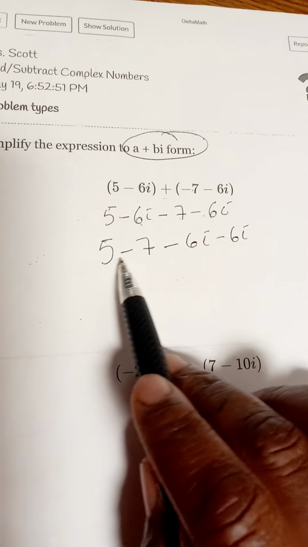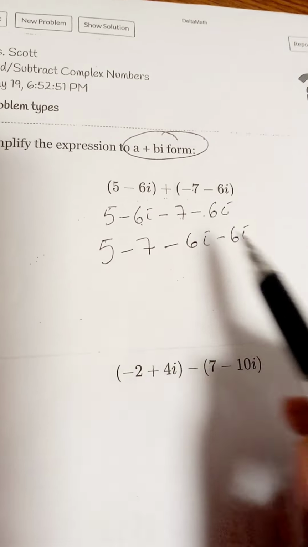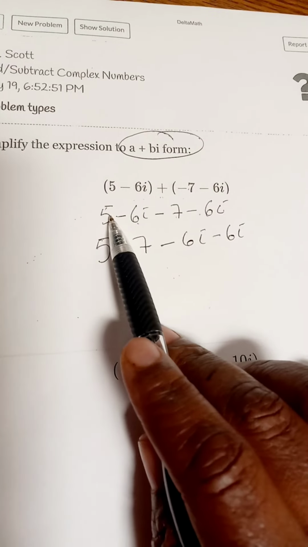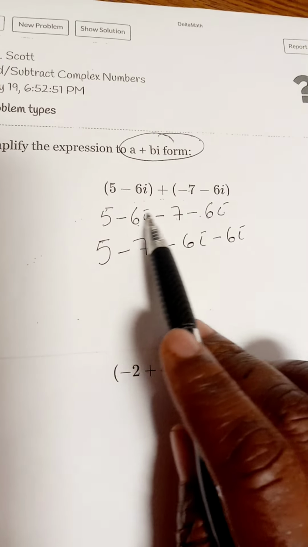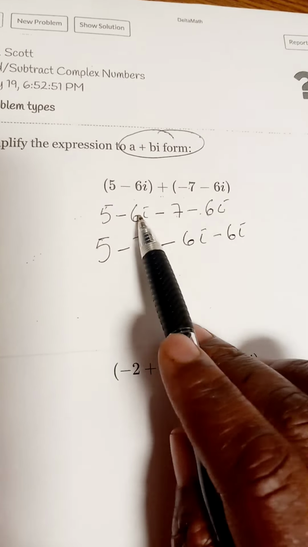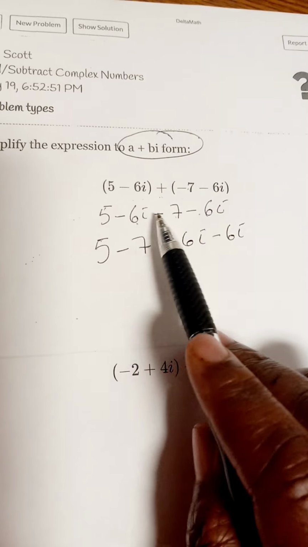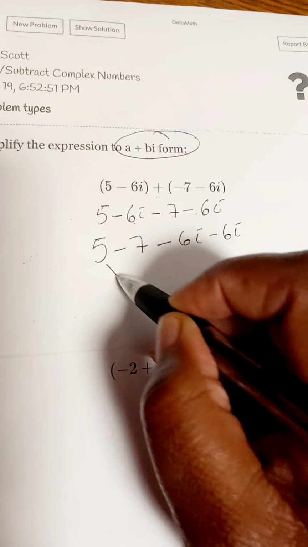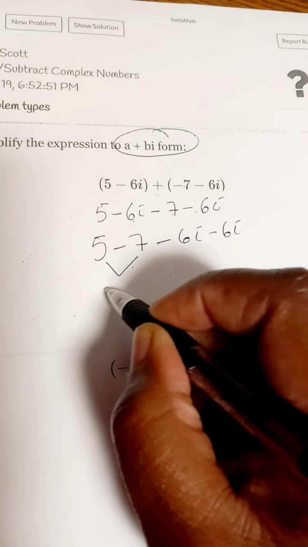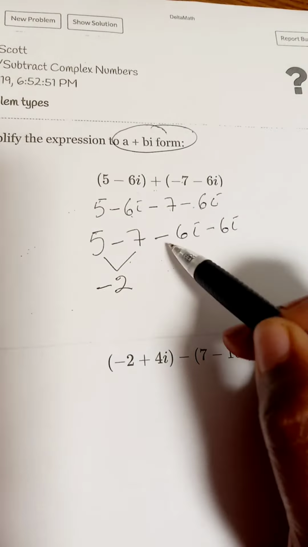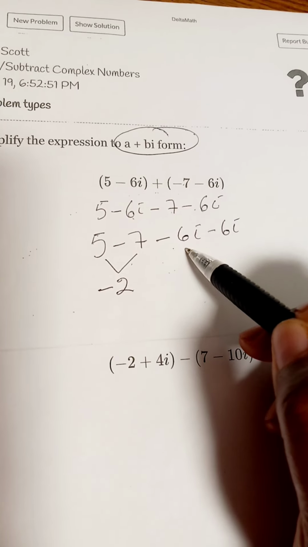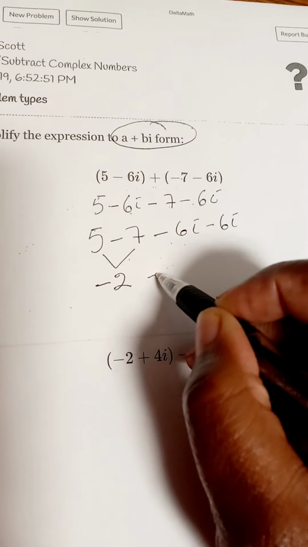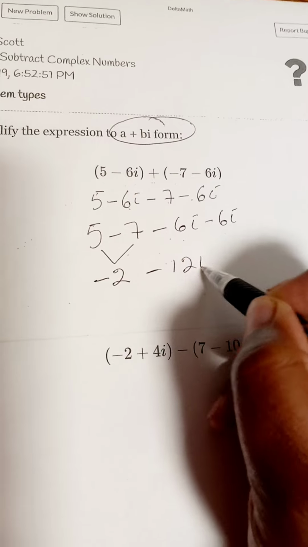I rearranged it like this because for some students it's hard for them to do it like this. But if you're okay with this part and you can see it, then go ahead. If not, then I like to do it step by step. So here I have 5 minus 7, so I'm going to have minus 2. And I have my minus 6i, and my minus 6i is going to be minus 12i.